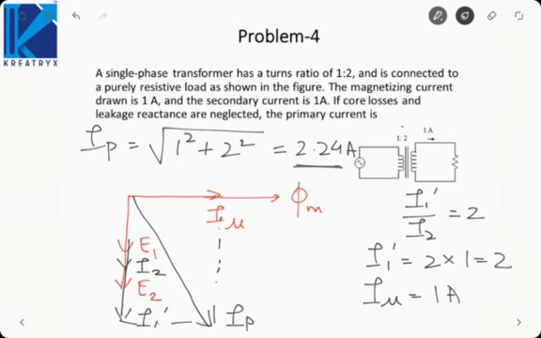This we have obtained from the phasor diagram, that the primary current drawn is the phasor sum of the magnetizing current and the load component of the primary current. Load component of the primary current and the secondary current are related by the turns ratio. So this is the current drawn by the primary.